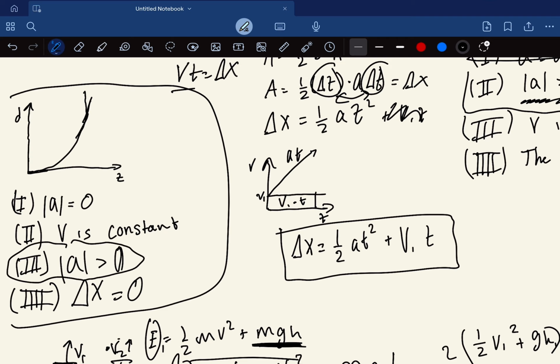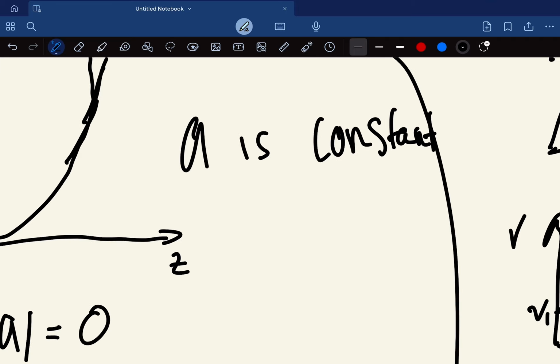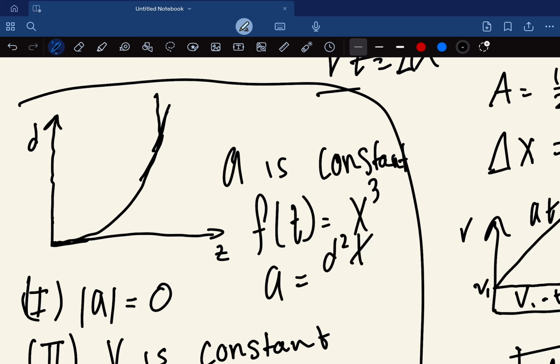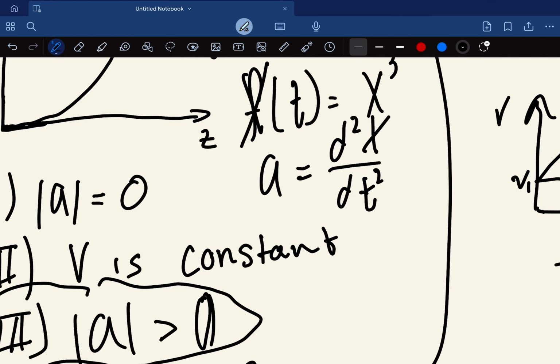Now, we do not know if A is constant, since if this was, let's say, x of t equals x cubed, then the acceleration would be equal to the second derivative, which you do not need to know, which would be 6x.